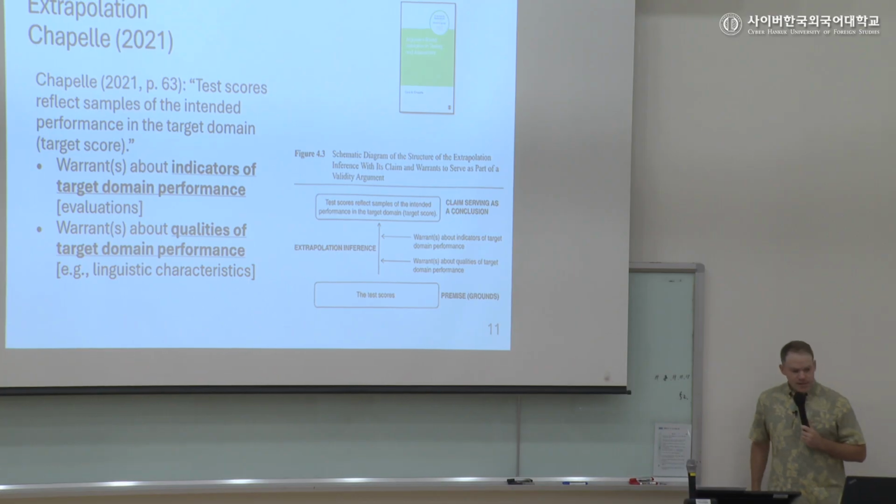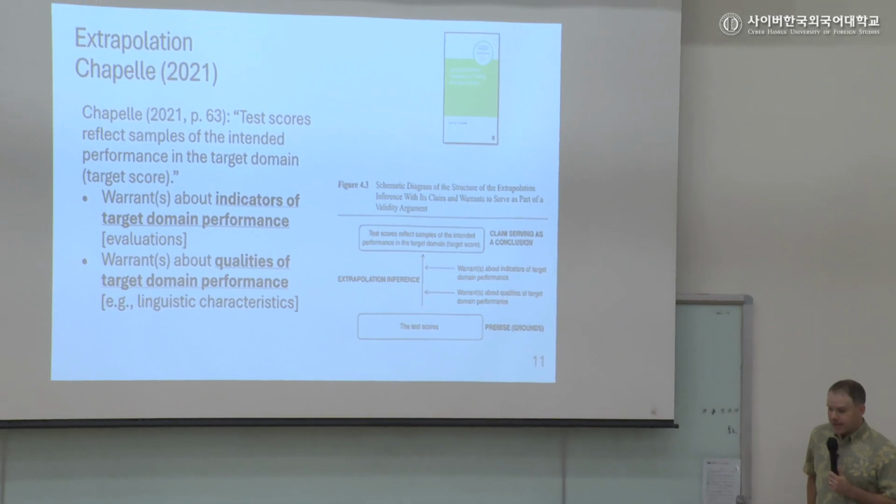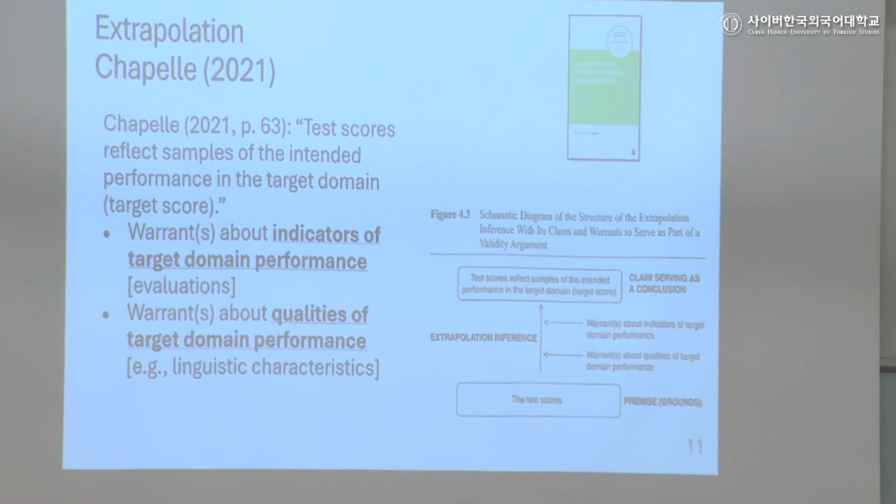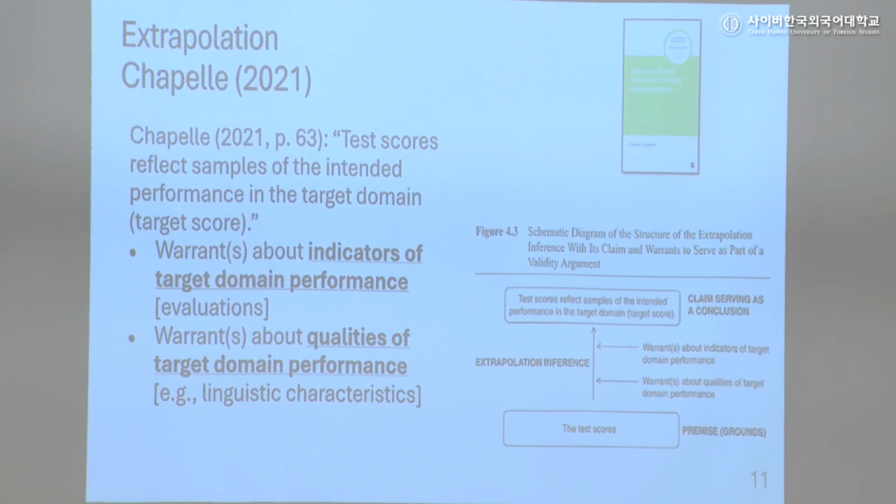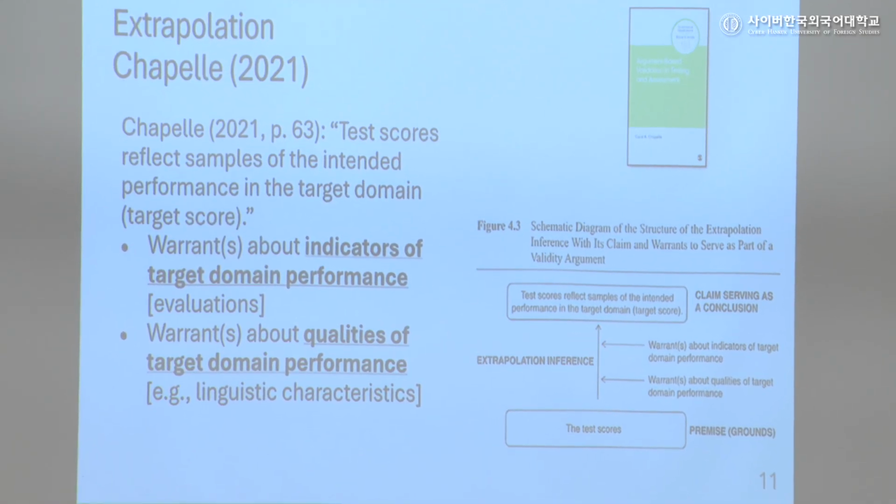So Chapelle has done a lot of really good writing, and she has very clear thinking on lots of things about validity, but I'm going to focus on what she said about extrapolation. She subdivides the main claim of extrapolation into two subclaims or warrants. And again, these have to do with indicators of target domain performance.